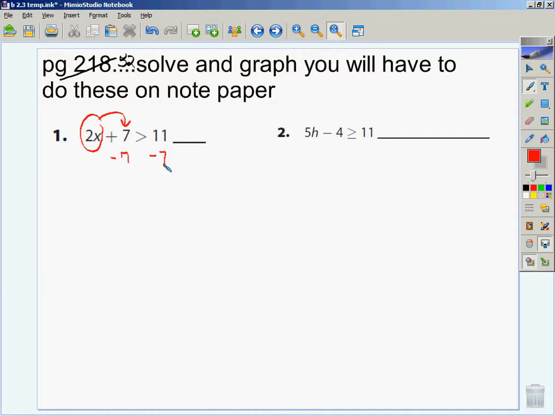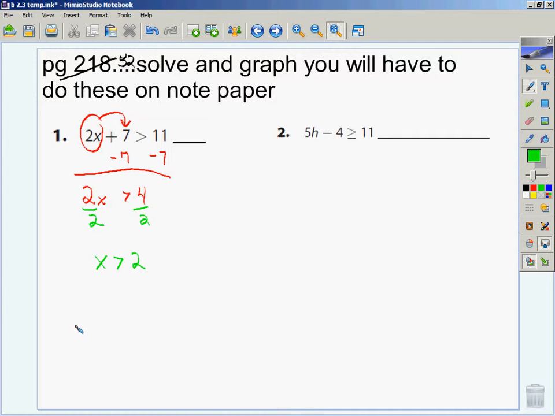So, if I'm trying to get x by itself, the first thing I'm going to do is subtract 7. I now have 2x is greater than 4. X is being multiplied by 2, so I'm going to divide by 2. I now have x is greater than 2.